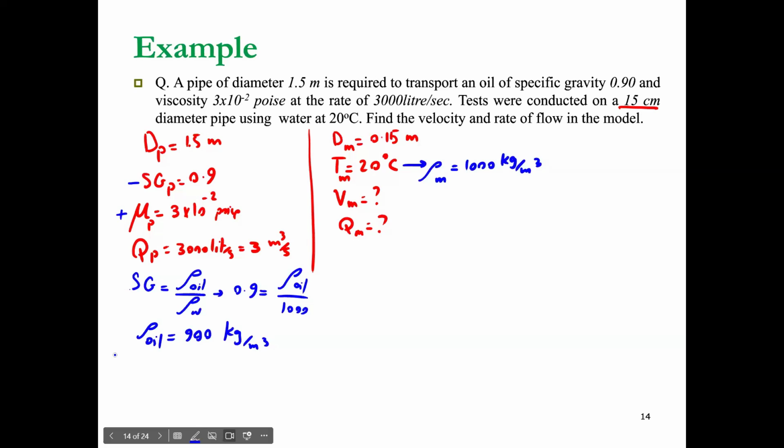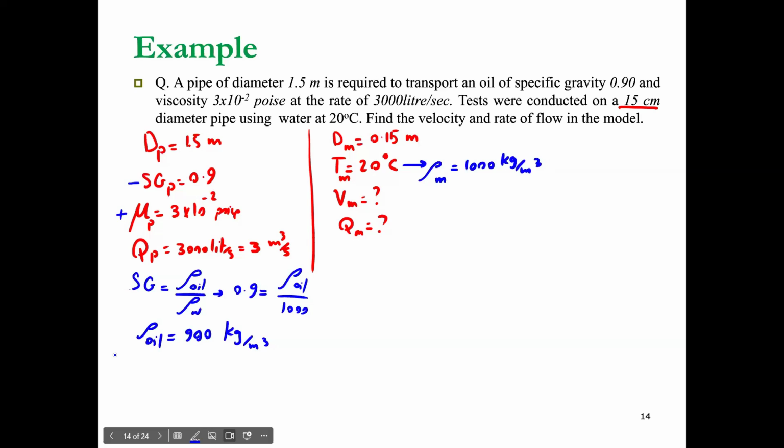Probably there's data there. Okay. Now it's time to see which number I should use. What do you think? Weber, Froude, Euler, Mach, Reynolds? Yeah, I put all five. Which one? Is it high velocity? No. So Mach?